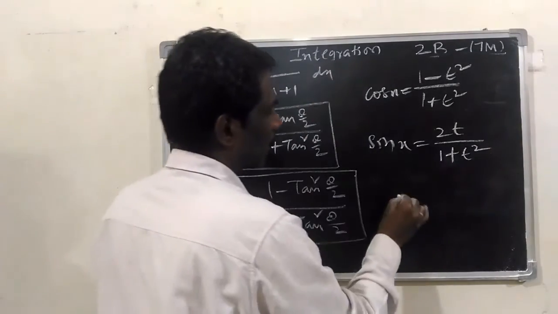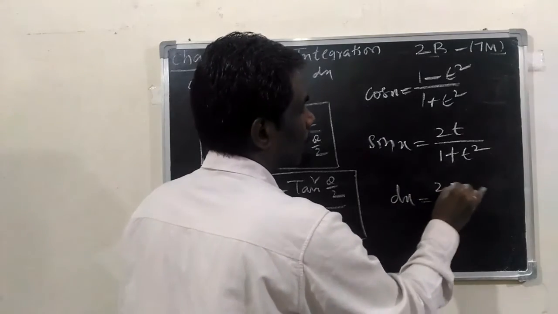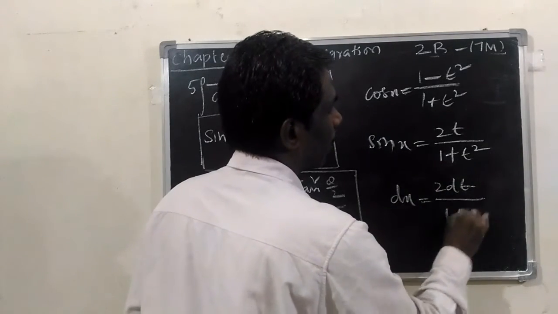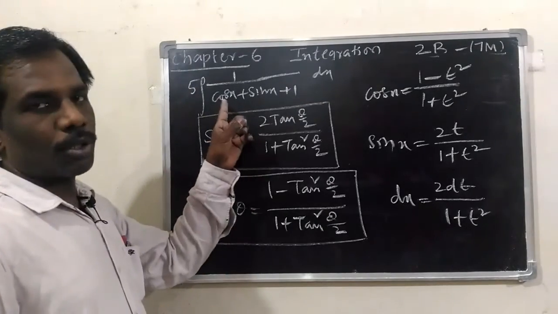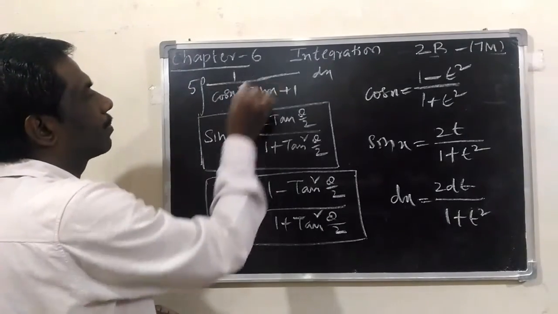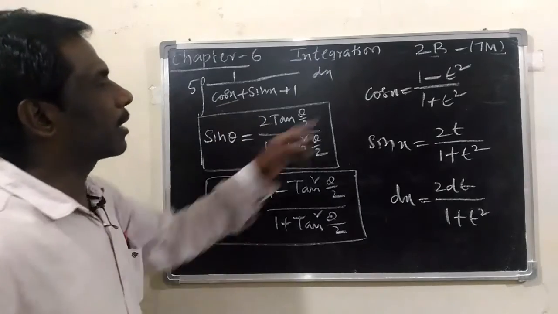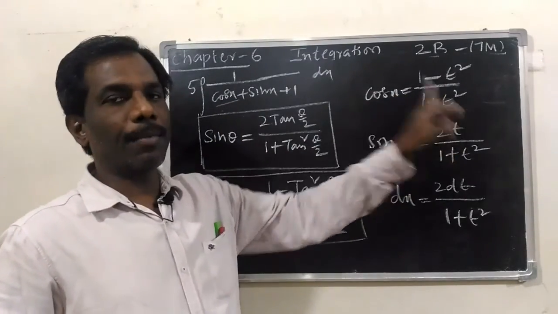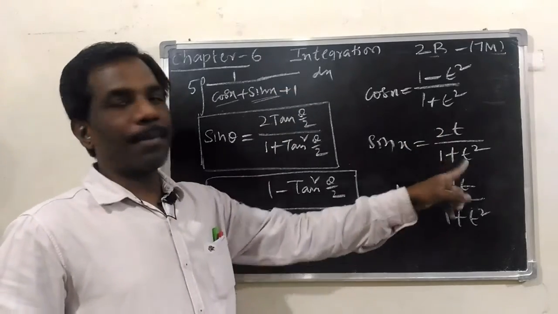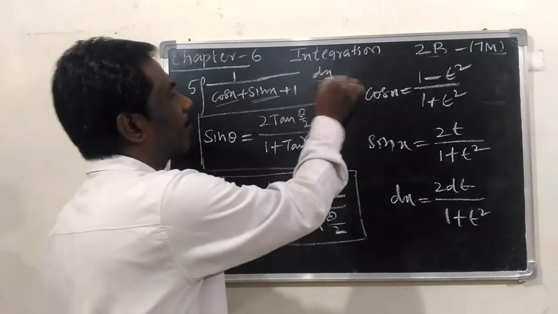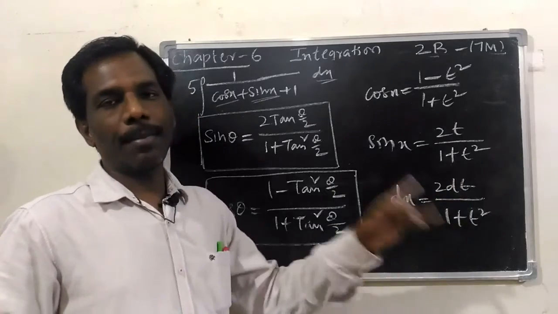And dx is 2 dt by 1 plus t square. Now I am going to substitute in this part: cos x is 1 minus t square by 1 plus t square, sin x is 2t by 1 plus t square, and dx is 2 dt by 1 plus t square.